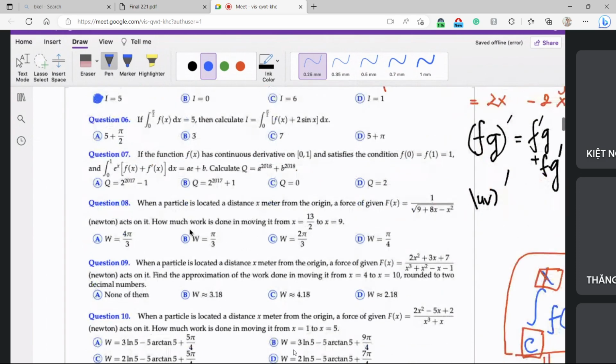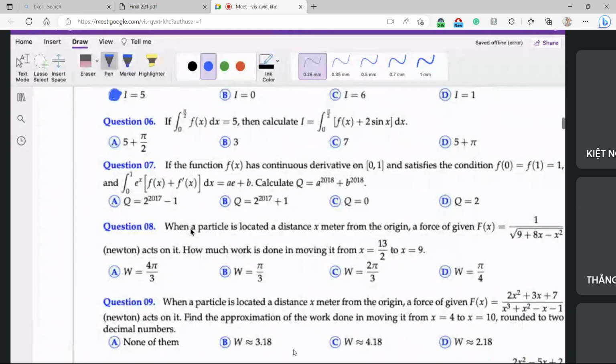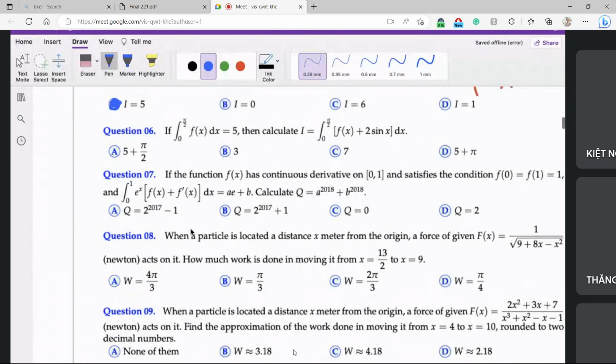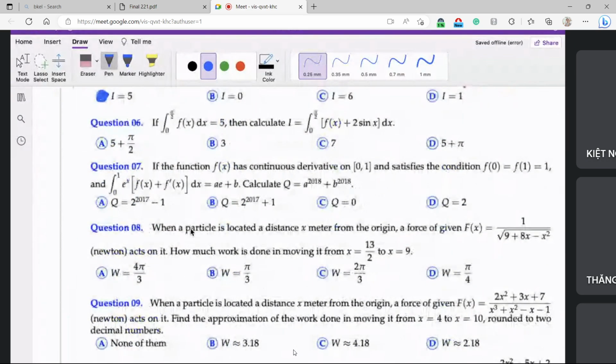Okay. Question 6 is also simple. Can anyone immediately tell me the answer? A, B, C, D? With your calculator, you can immediately find it. C. Class, do you have the same answer? Is it C?